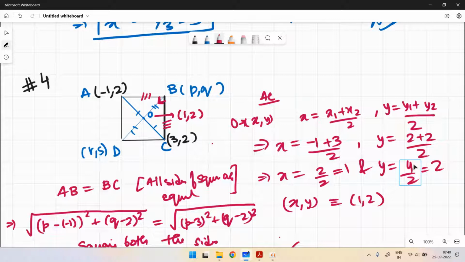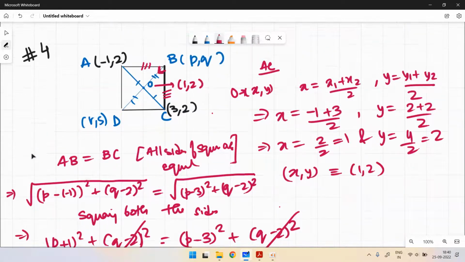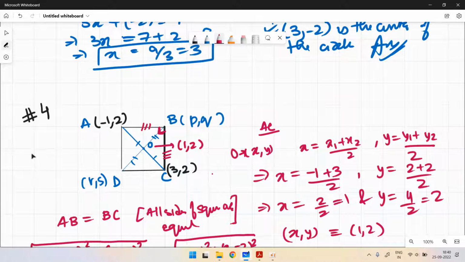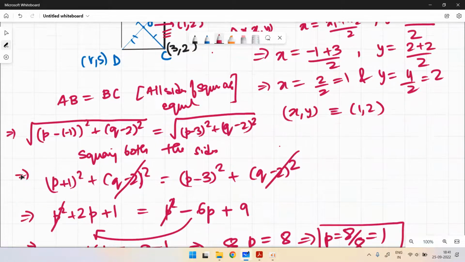One value of Q will be for P, Q and another value will be for R, S. Why? Because it is equidistant from, see, even if you say that instead of B you can take D also, and the same equations you will be getting.